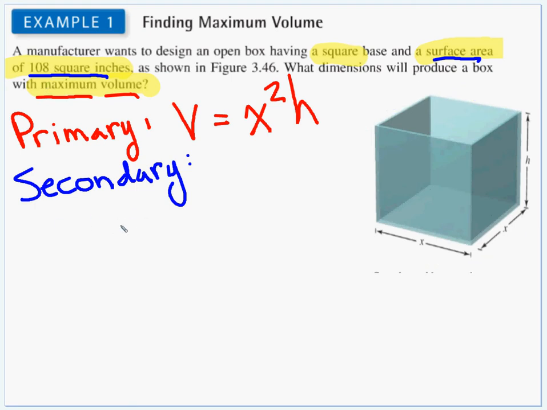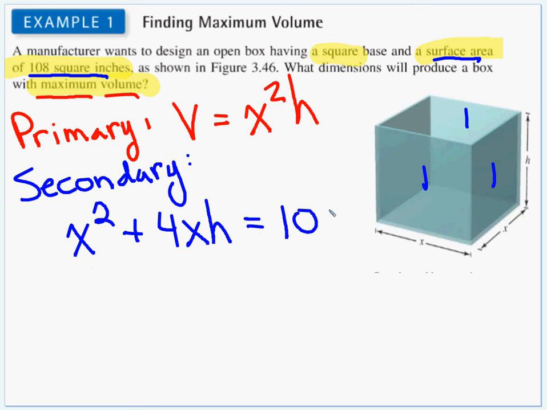The surface area of just the base is going to be x times x, that's x squared, plus the box has 4 sides, 1, 2, 3, 4. So we have 4 equal sides, and each side has the area of base x times height h. So here are the 5 pieces to our box, the surface area, and that is limited to 108 square inches.